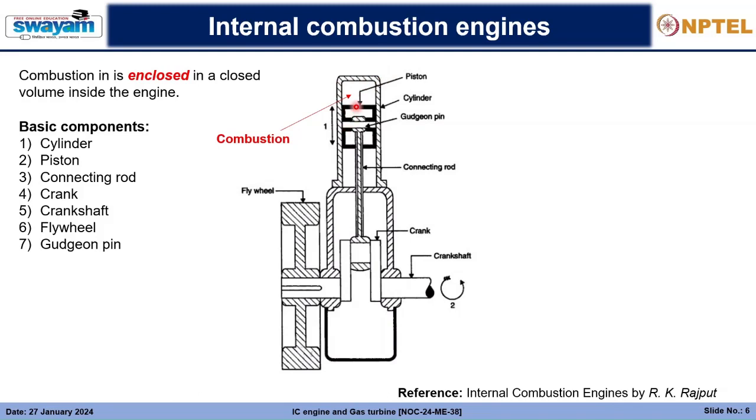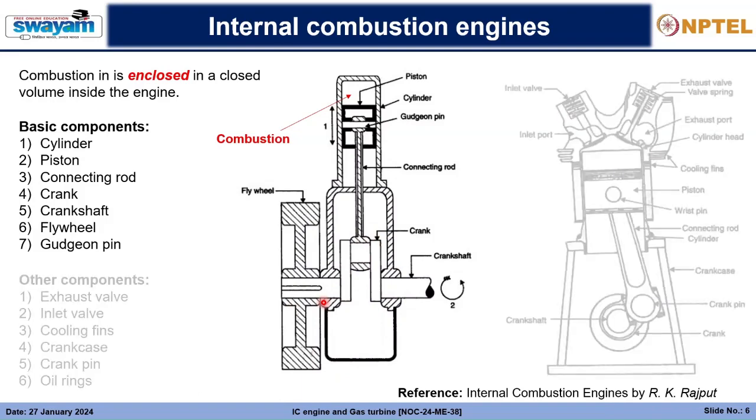This is the piston. The combustion happens above the piston in a closed volume, and this is the cylinder in which the piston moves to and fro. That is the reciprocating action. Then we have the gudgeon pin by which the connecting rod is attached to the piston, and finally the connecting rod is also attached to the crank, which rotates in circular motion.